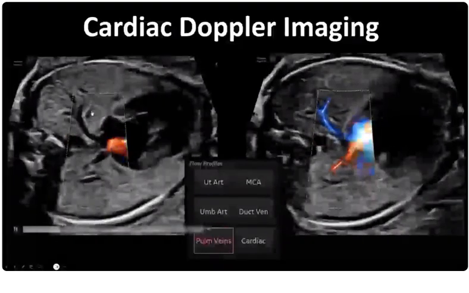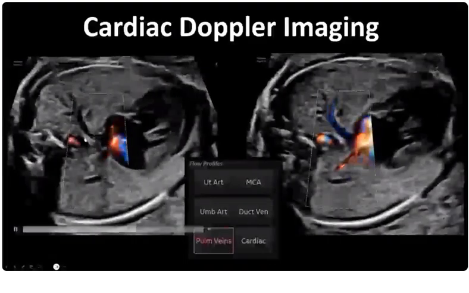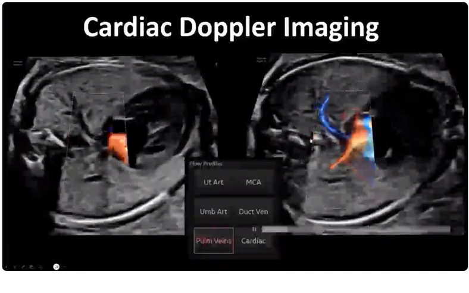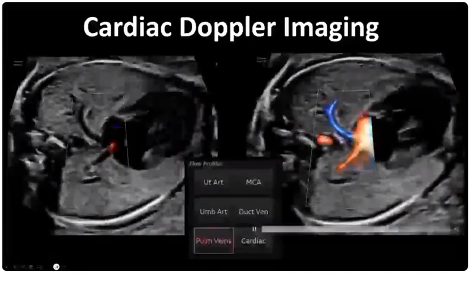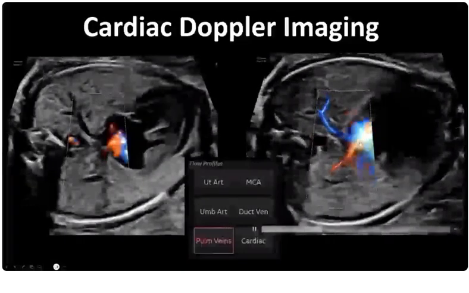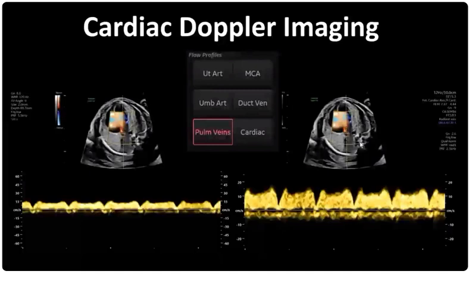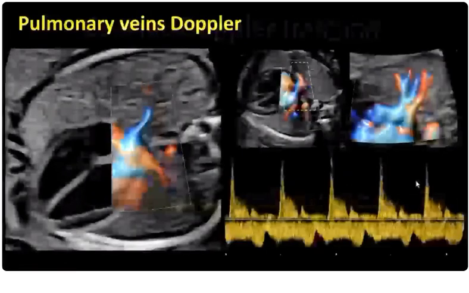And you can see that this is the cardiac flow preset, so you cannot really see the pulmonary veins very well. And this is how nicely the pulmonary veins will be delineated if you go to the pulmonary veins preset. The same thing is true for the assessment using the spectral Doppler, and you can go from a trace like this to this very nice and optimized trace by one button.